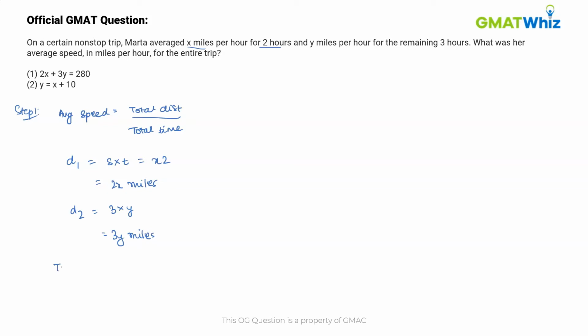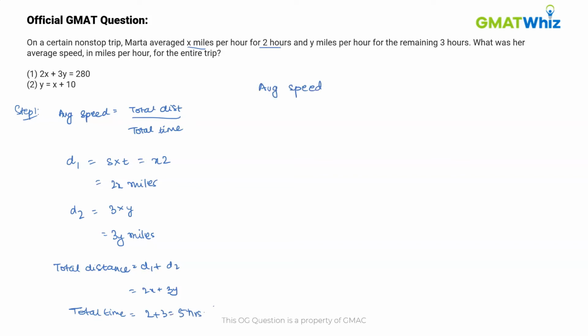Then the total distance will be equal to d1 plus d2, which is equal to 2x plus 3y, and the total time that she takes to cover the whole journey is equal to 2 plus 3 hours, which is equal to 5 hours.